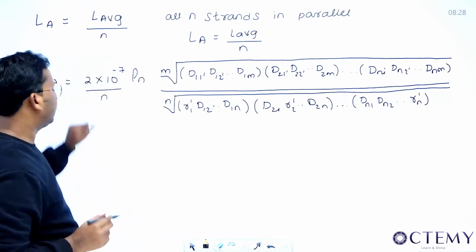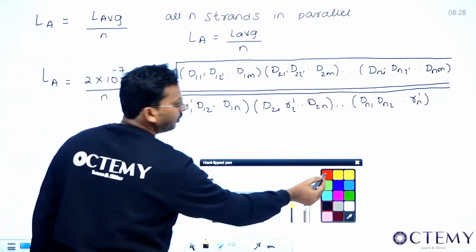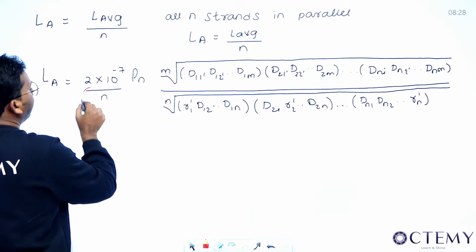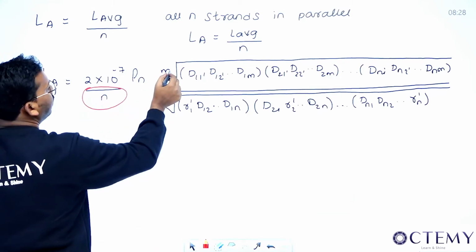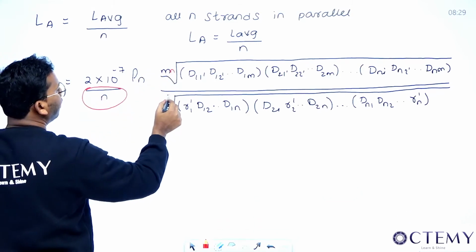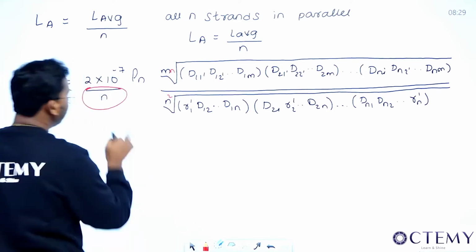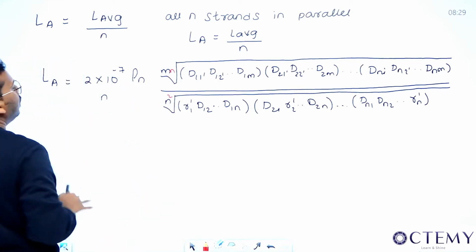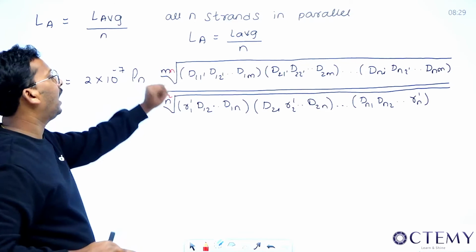Now, to take this effect of 1 by n, see what I am doing. This 1 by n is written here as into n and n square. I've just rubbed this 1 by n, and I have simply written it as mn.